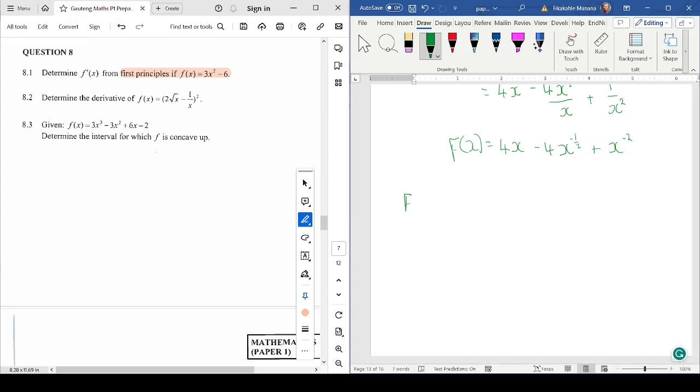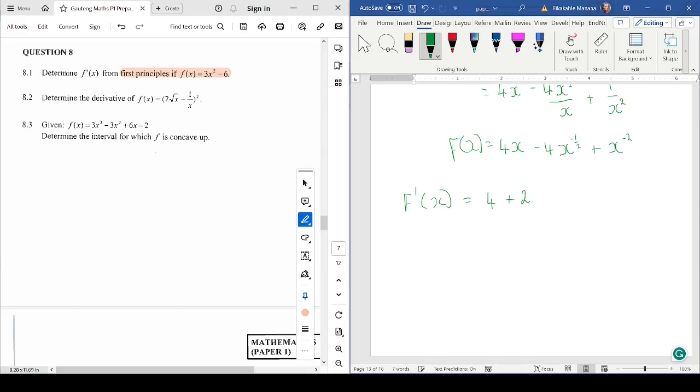So the derivative, therefore, is going to be equal to 4, because it's 1 times 4, which is 4. Then 1 minus 1 is 0. So that 4 remains on its own. This side, it's minus a half times minus 4, which gives us a positive 2.